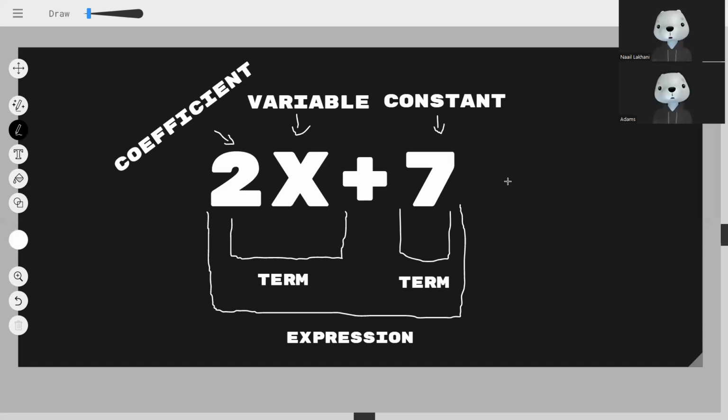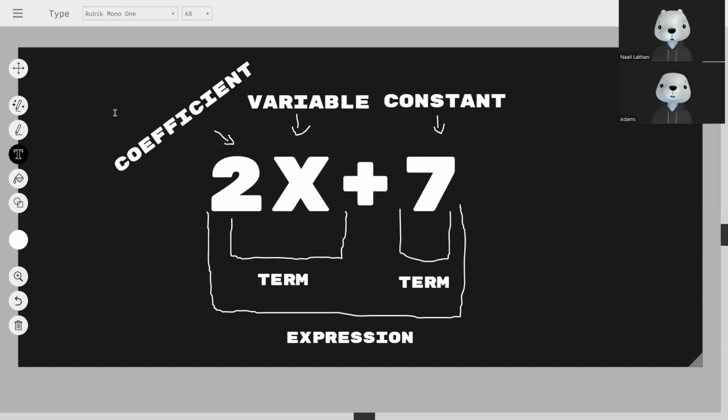Okay, so we have 2x plus 7. This is just a normal binomial that we have. First things first, let's start from here. We have a 2x. And in algebra, we don't write the times sign, so we don't write x because it'll just get confusing with the letter x.